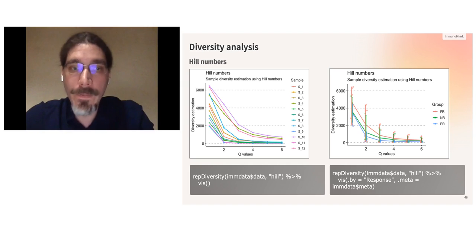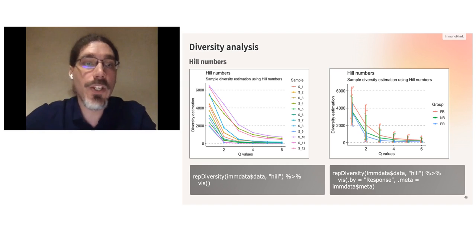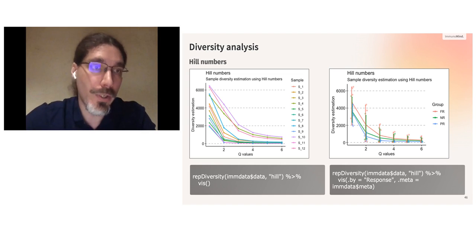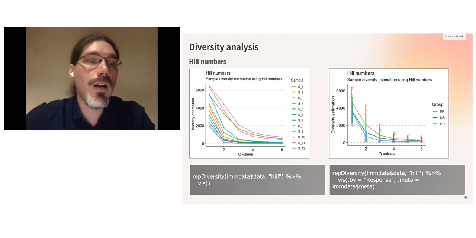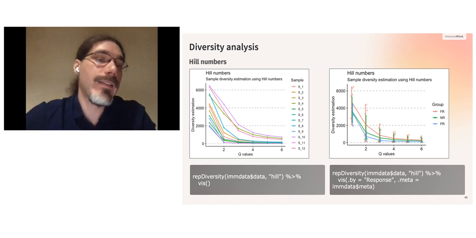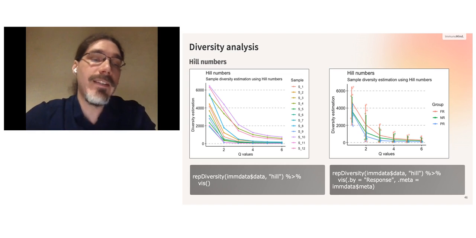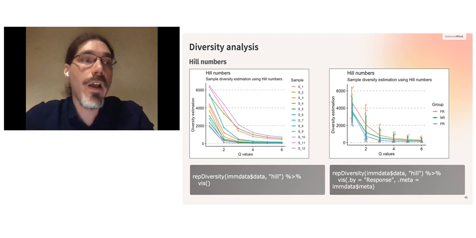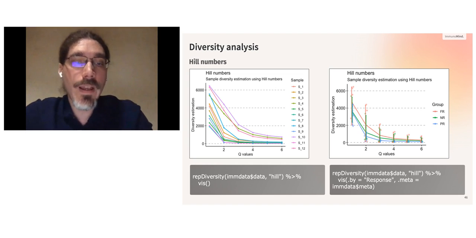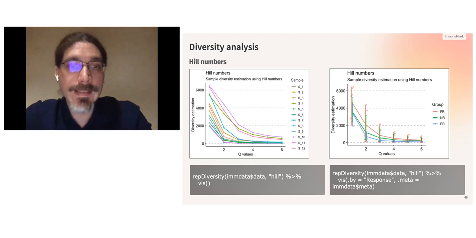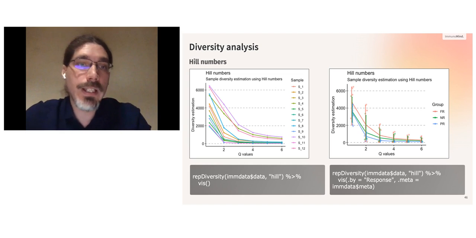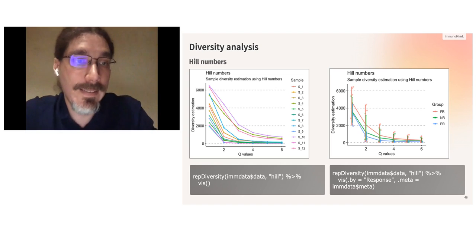There are some nice explanations on the web. We have a small tutorial on our website about it, so I won't go into much detail, but the idea here is that different q-values, a parameter that you set up for the diversity computations, give different weights to different clonotype abundances.